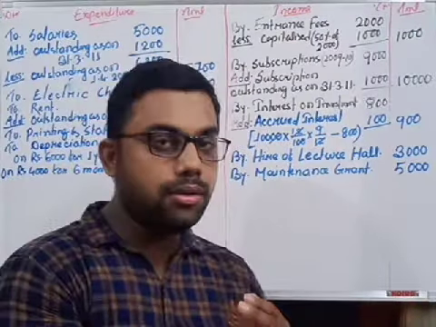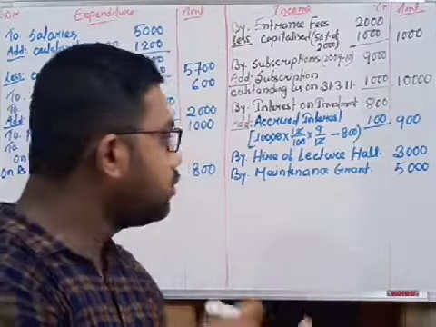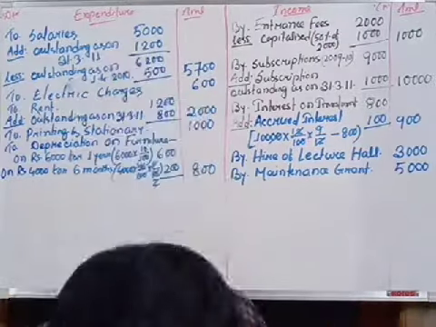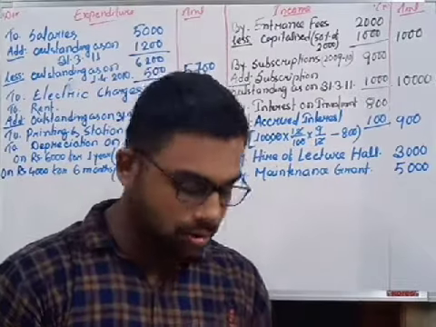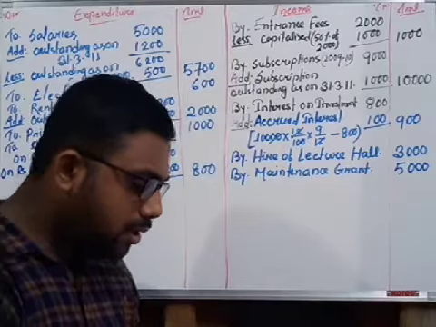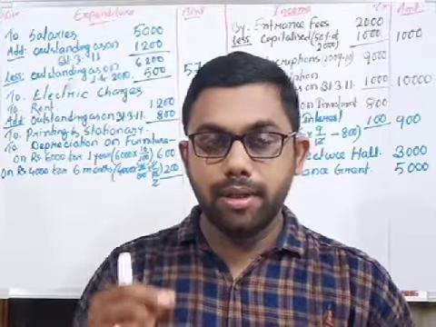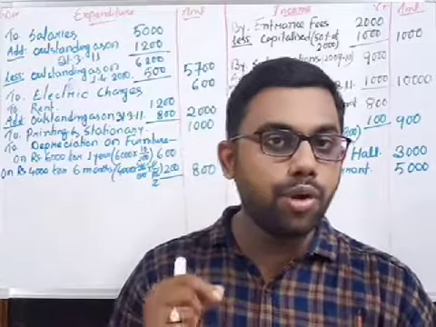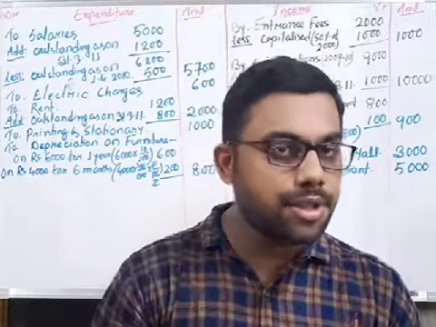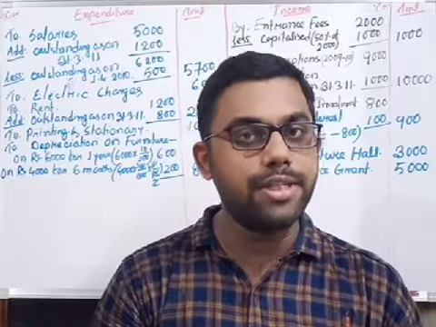Okay, how we can do that in workings, I will show after solving the question. Okay, then investment. So regarding investment, it is an asset. So asset is a capital payment, so we will not write it in our income and expenditure account, but from investment, the amount of interest we receive, we will write.